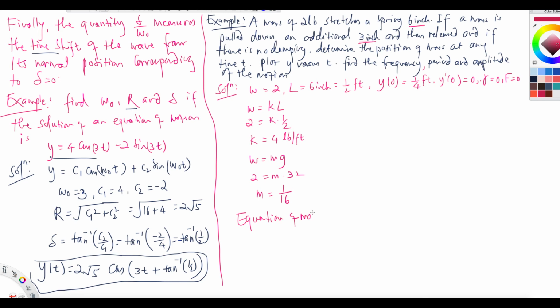It will be m y double prime plus ky equals 0, so you get 1/16 y double prime plus 4y equals 0. Let me write down the things here. You can write y double prime plus 64y equals 0. What I'm doing here is multiplying all these terms by 16.